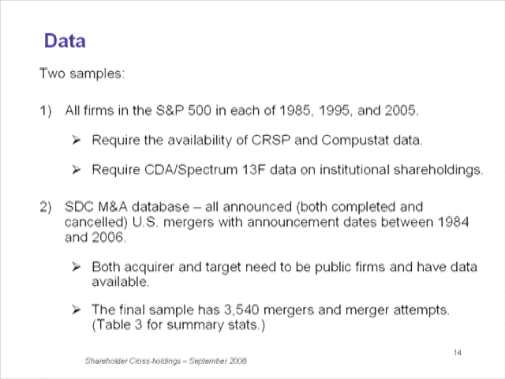We need both to be public in order for there to be cross holdings. So we end up with about 3,500 mergers and merger attempts. Table 3 of the paper gives the summary statistics. All that table reveals is that it's a fairly typical sample of acquisitions: the acquirers are larger and doing better than the targets, fairly usual breakdowns.